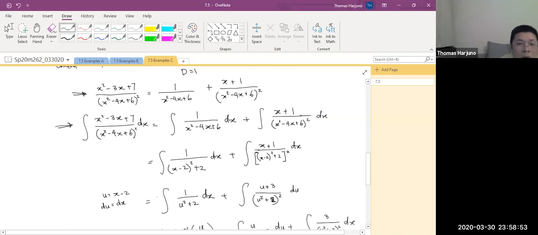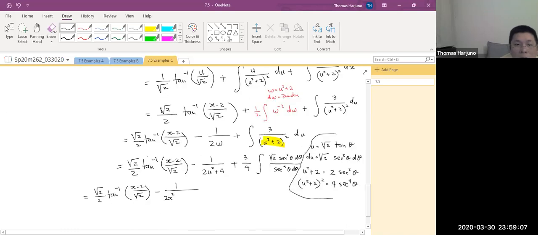Because my u is this. u squared plus 2 is actually x squared minus 4x plus 6. So if I put it back there, it will be minus 8x plus 12 plus 3, 4, 3 radical 2 over 4 integral.